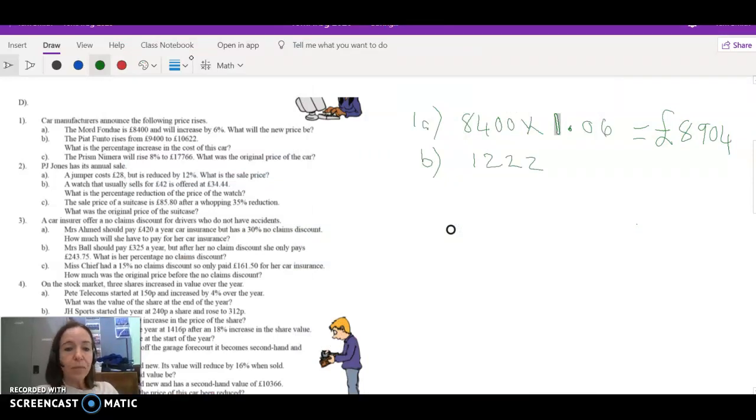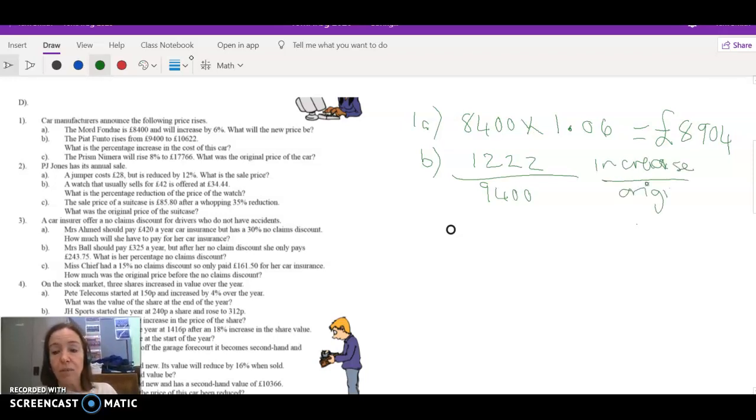So that's how much it's increased, and that is over the original amount. Now it rises from 9,400, so that is my original amount. So it's my increase over original. And I am going to multiply that by 100 to make it a percentage.